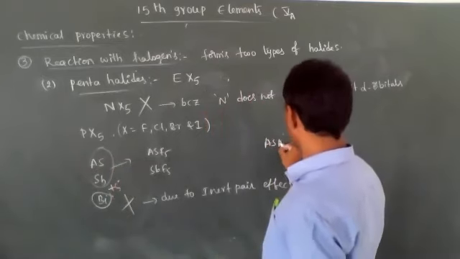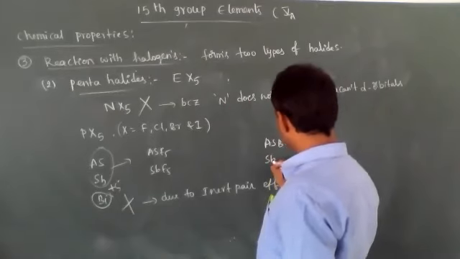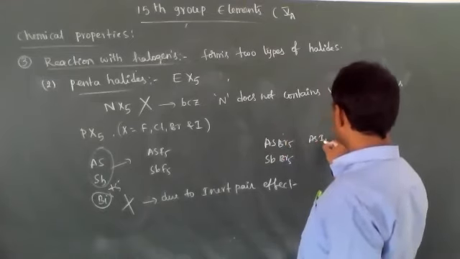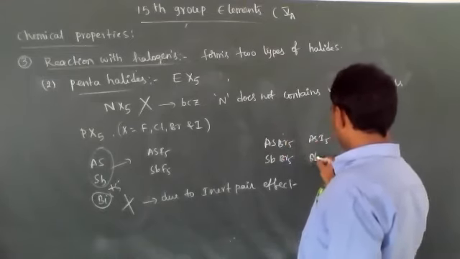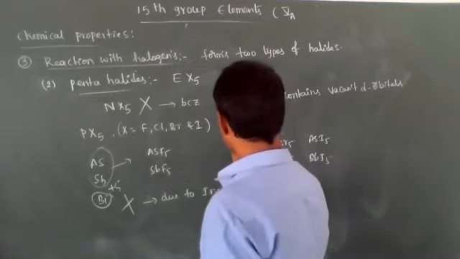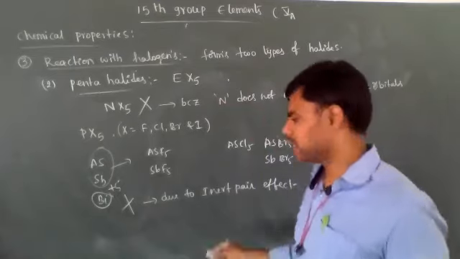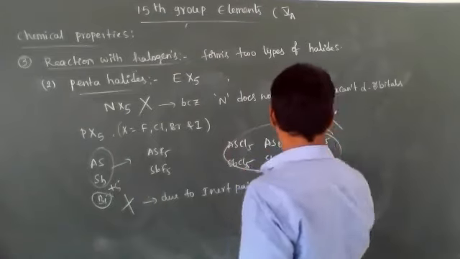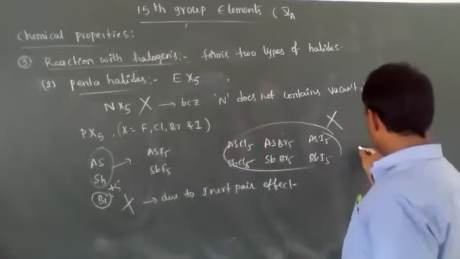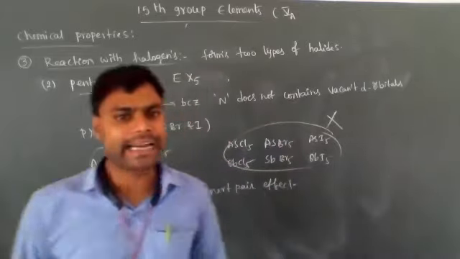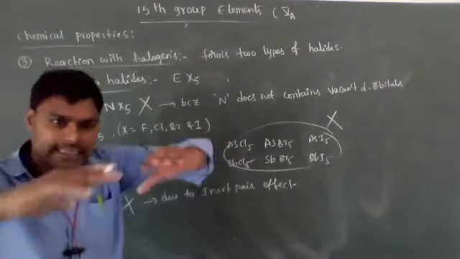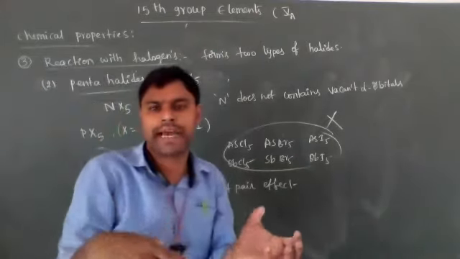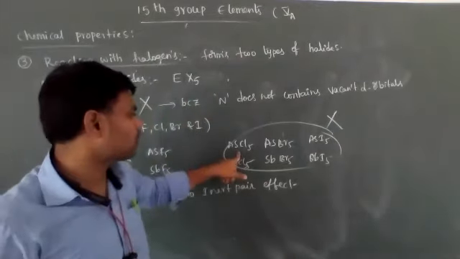Arsenic and antimony pentachlorides, pentabromides, and pentaiodides do not exist because around arsenic and antimony, the size of chlorine, bromine, and iodine increases. The existence of 5 chlorine, 5 bromine, or 5 iodine atoms is not possible.